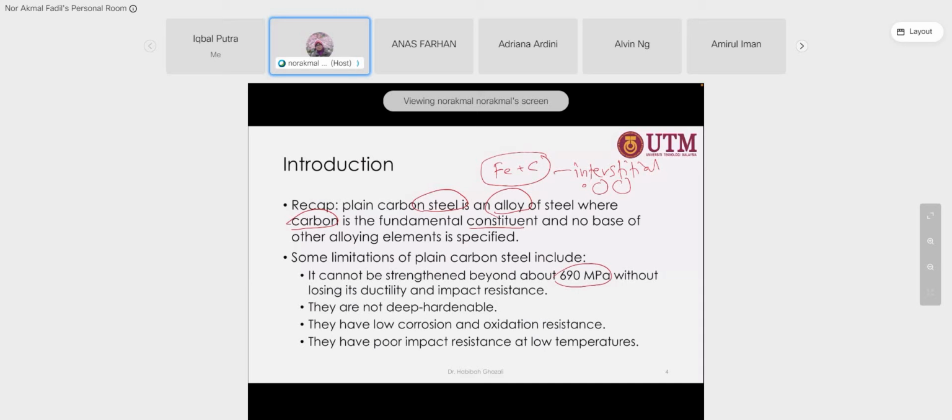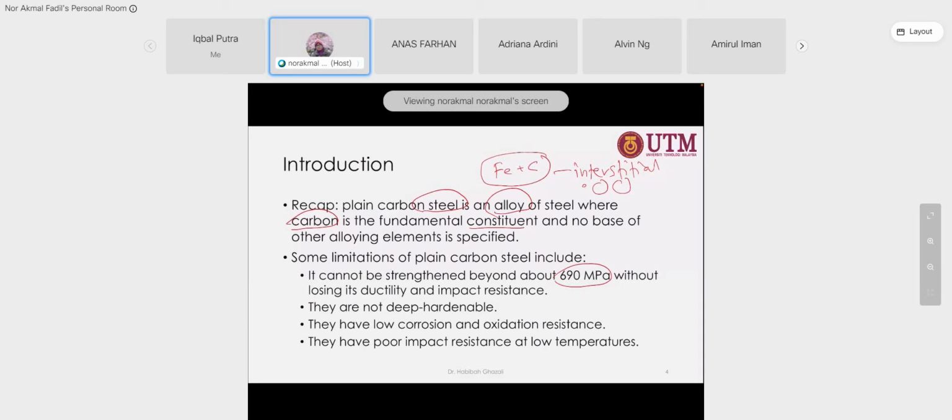So the maximum strength you can reach is 690 megapascal. Another limitation is that if you try to harden the material, you cannot deep harden. It hardens only at the surface. So that's the limitation.